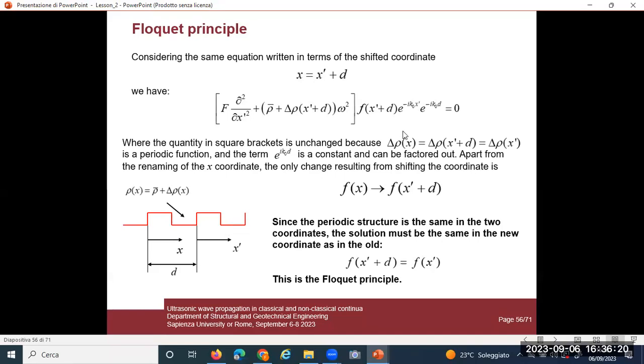And then observe that all this has to be equal to 0. This term is just a multiplicative constant, so you can take it off.